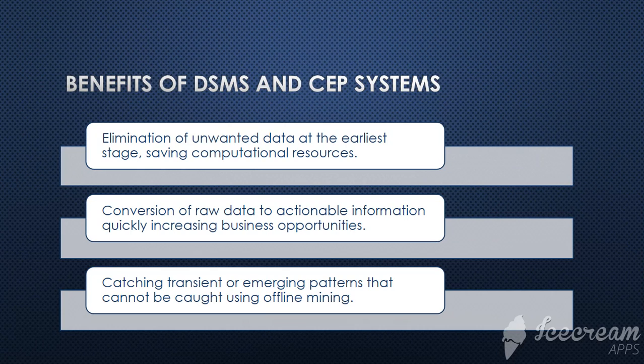This increases your business opportunities by giving you more time to act. Third is catching transient or emerging patterns that cannot be caught using offline mining. This basically means that you get patterns as they emerge, not after mining them later on. And this again gives you more time to act on things.